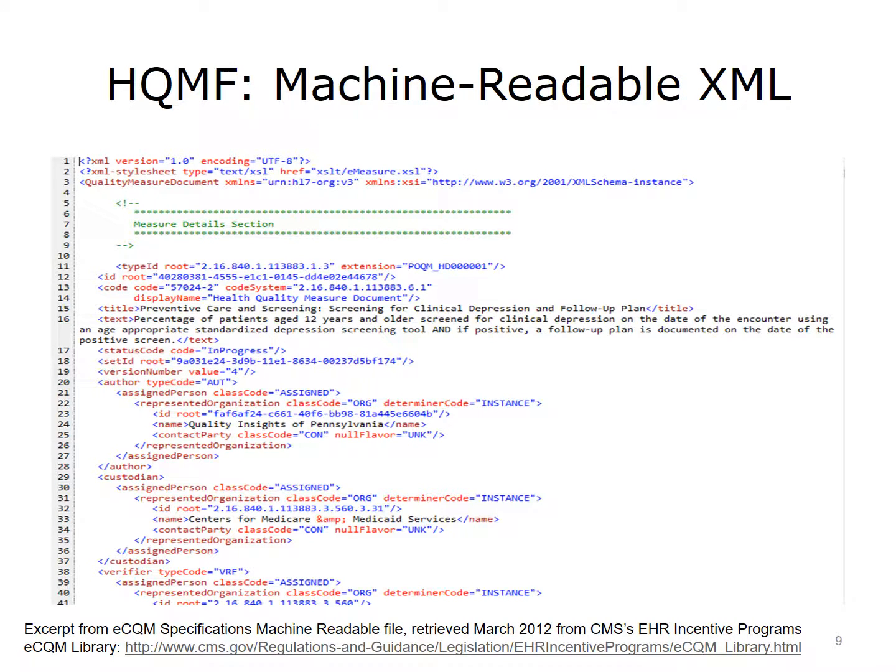This slide shows the machine-readable XML of the HQMF specification, designed to be parsed by a computer and matched up with data from an EHR to score the eCQM results.